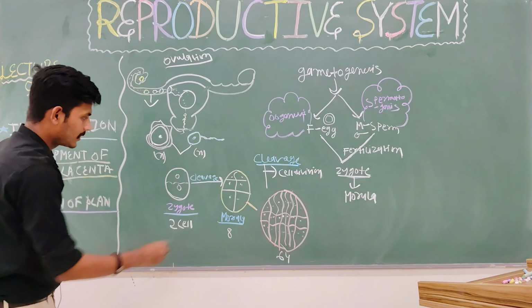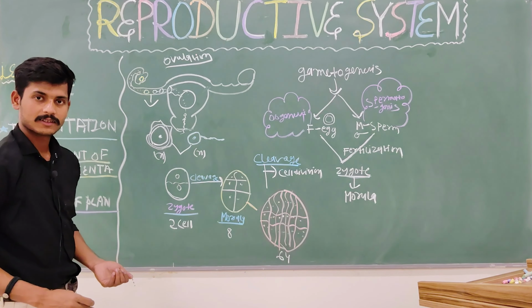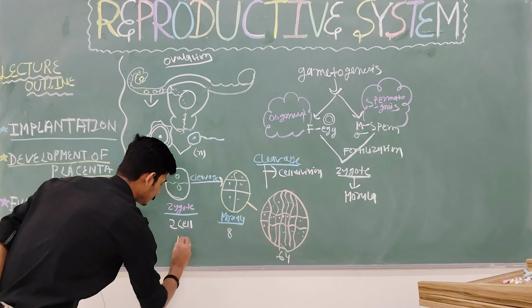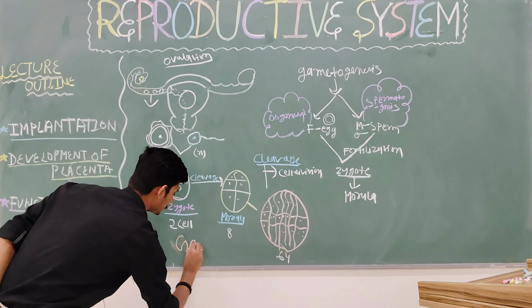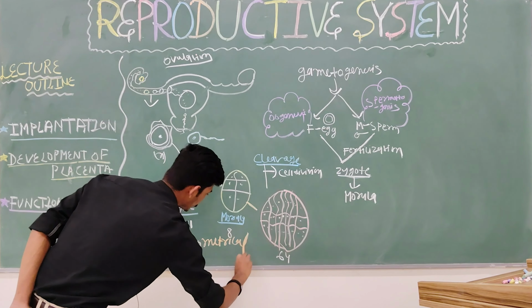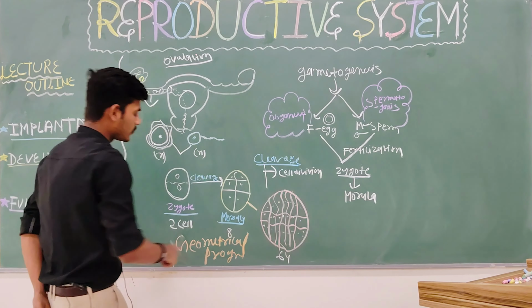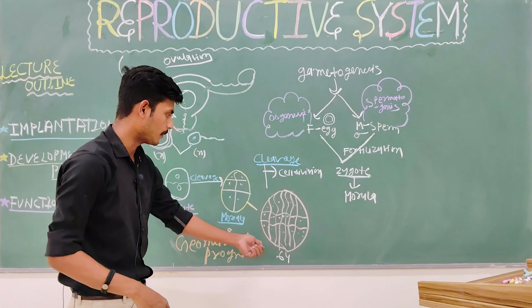What is this type of progression called? It is called the arithmetic progression. I'm wrong. It's called a geometrical progression. Once 2 cells divide into 4, 4 into 8, 8 into 16, 16 into 64.